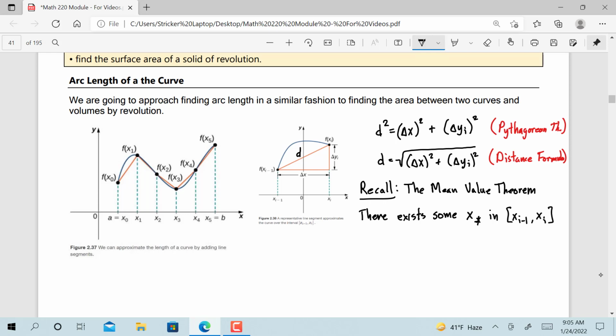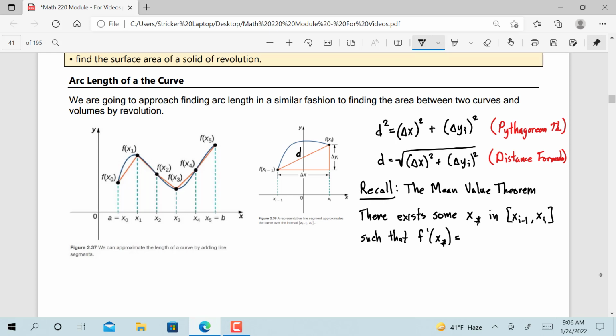So there exists some x star in that interval such that the derivative at that point, f prime of x star, is equal to the slope of the secant line.